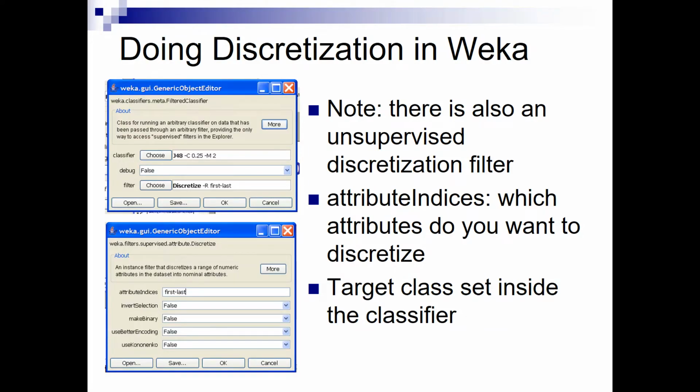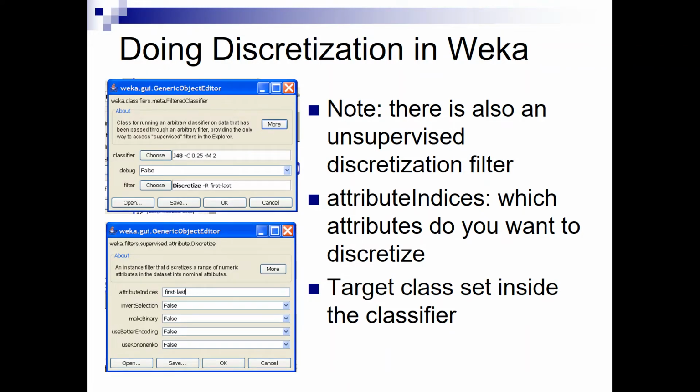Okay, so if you want to do discretization in Weka, you can use it as a filter on the Classify panel. So where you would choose your classifier, you could choose this FilteredClassifier meta classifier first. You would drop your classifier in as the base classifier.